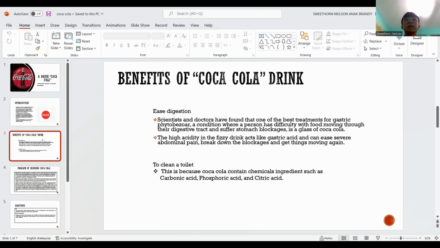The high acidity in the fizzy drink acts like gastric acid and can ease severe abdominal pain, break down the blockage, and get things moving again. Coca-Cola is useful to clean a toilet. This is because Coca-Cola contains chemical ingredients such as carbonic acid, phosphoric acid, and citric acid.